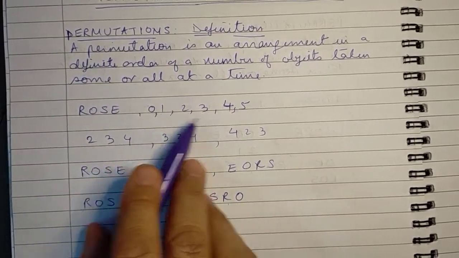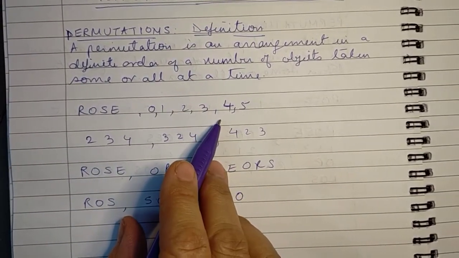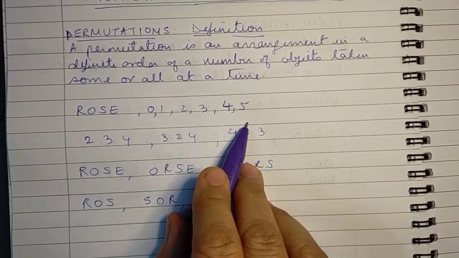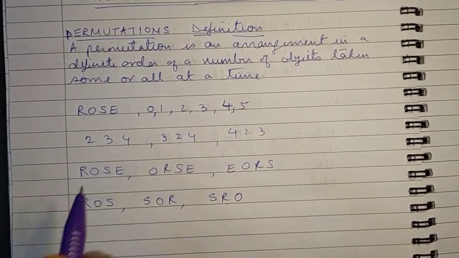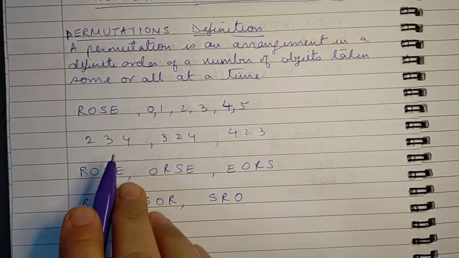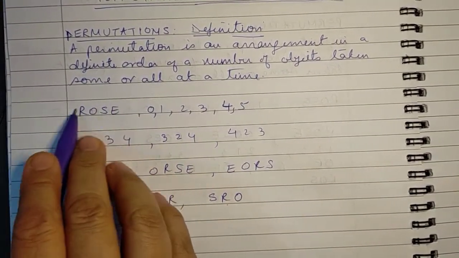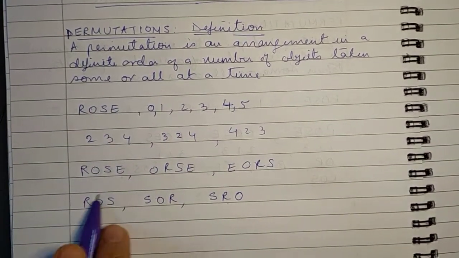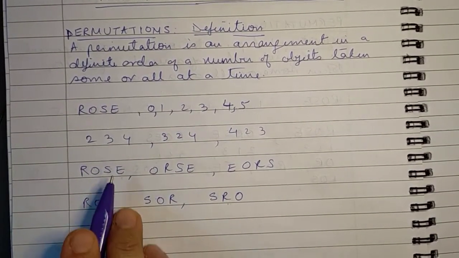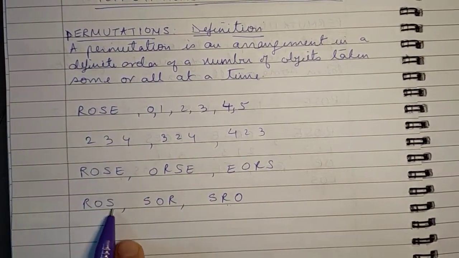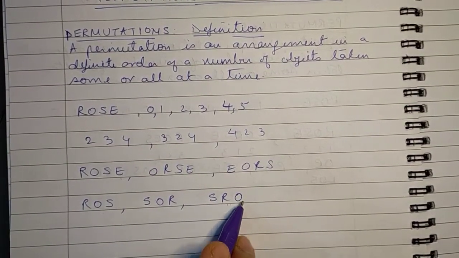Okay, so what we see is, if we are given various options to choose from, whether it is alphabets or numbers, we can form various words using all the letters given to us or some of the letters given to us by first picking up those letters and then arranging them.